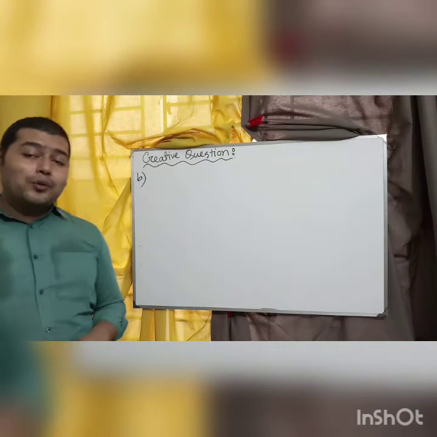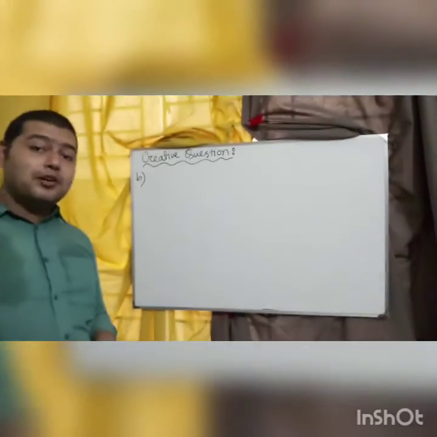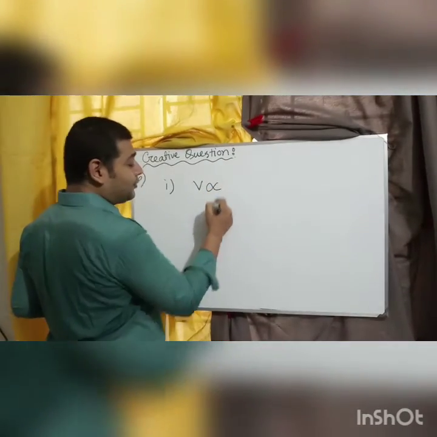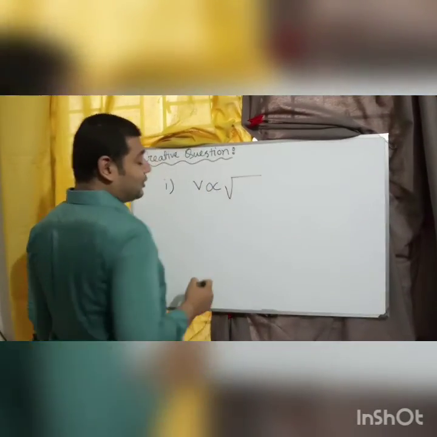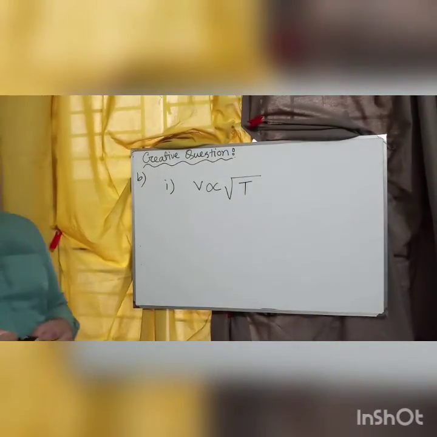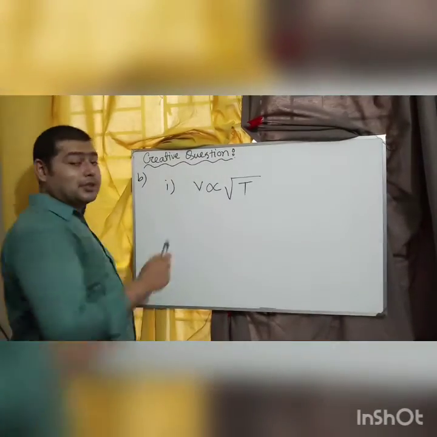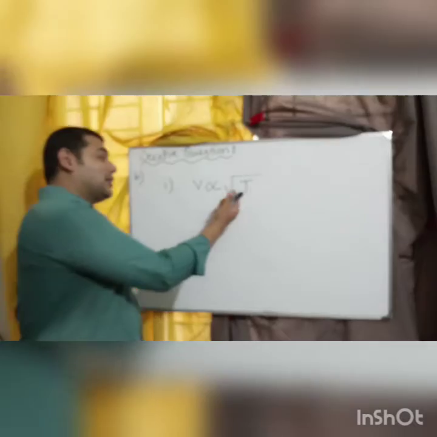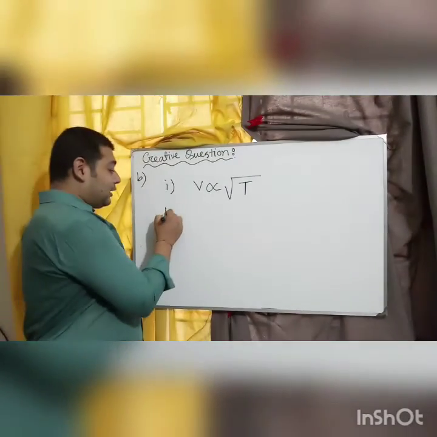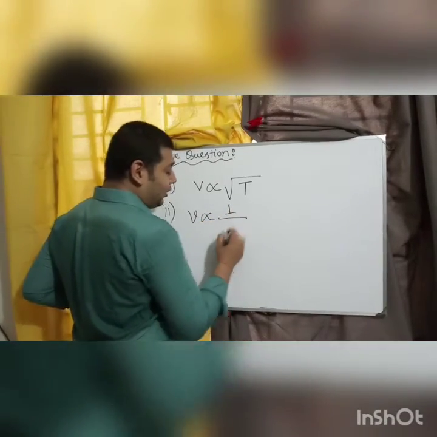We know that the velocity of sound varies in different ways. First way: the velocity of sound is proportional to the square root of the temperature of the environment. So if temperature is increased, then velocity also increases, and if temperature is decreased, then the velocity also decreases.